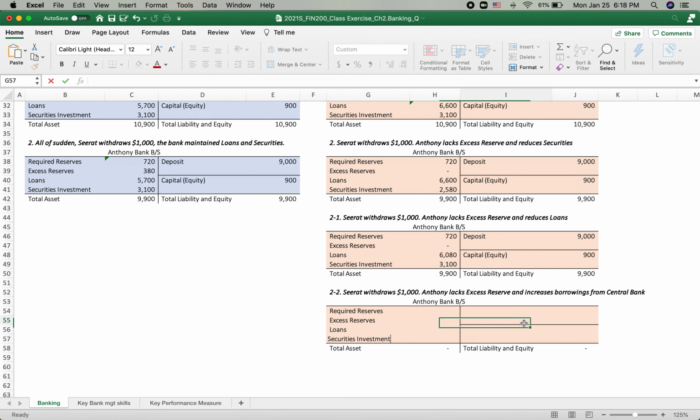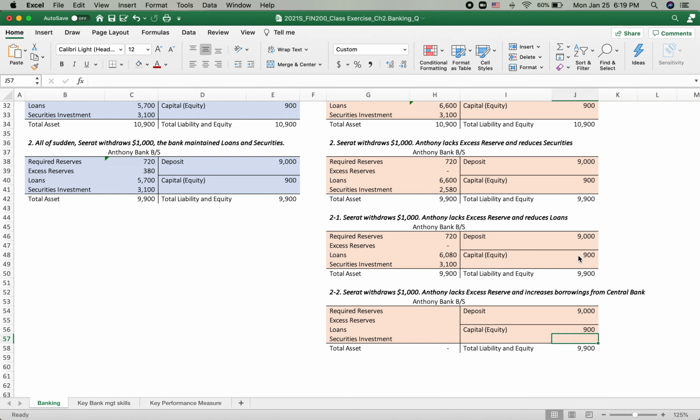We have the same accounts, and then deposit and capital, equity. So the deposit amount is $9,000. Then capital is 900.